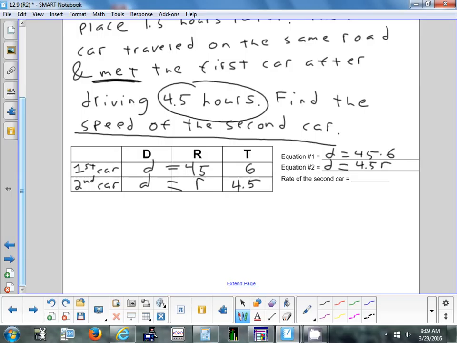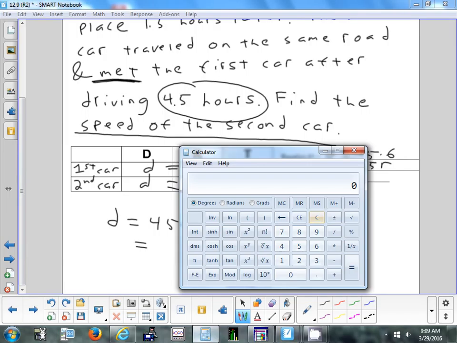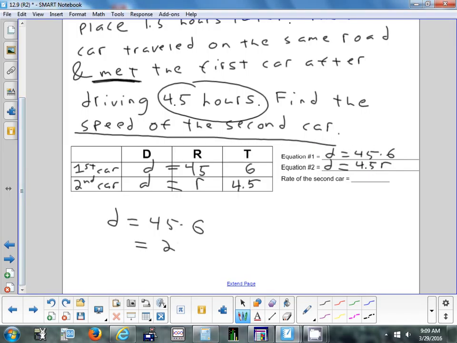Which one of those equations only has one letter? Equation 1 or equation 2? Equation 1. Let's figure out what equation 1 is. Distance equals 45 times 6. 270. Look what I just figured out. I know that the cars drove 270 miles.